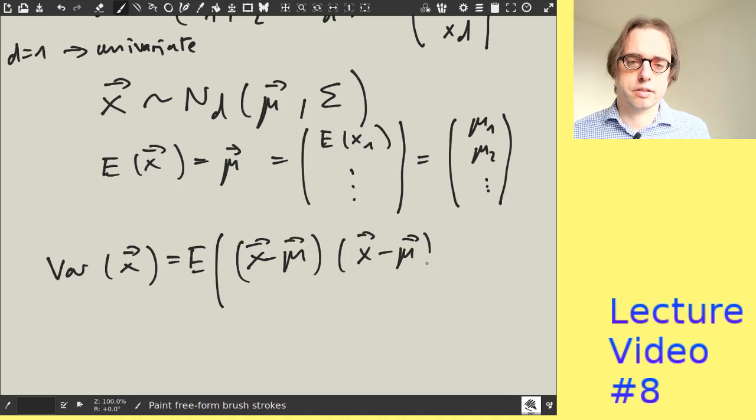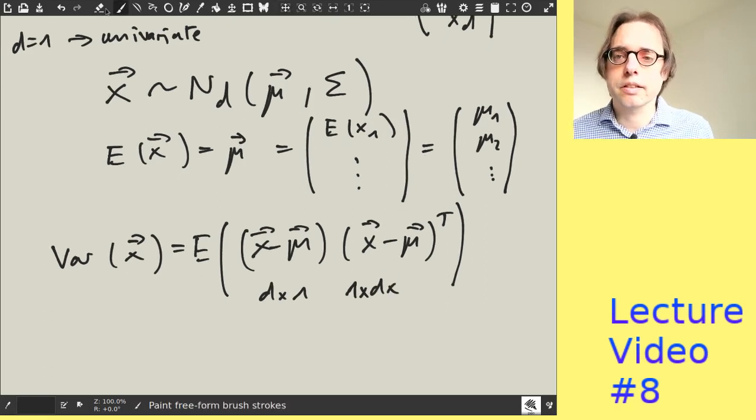These are two vectors, so we have to transpose one, and that's a matrix. So that's a d times 1 vector, times a 1 times d vector.